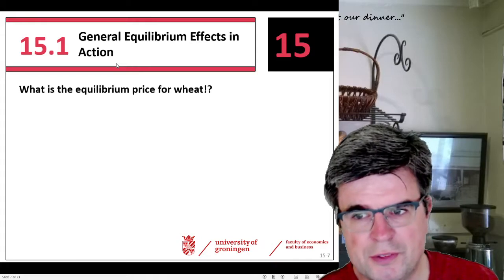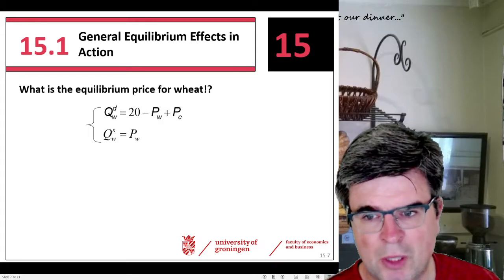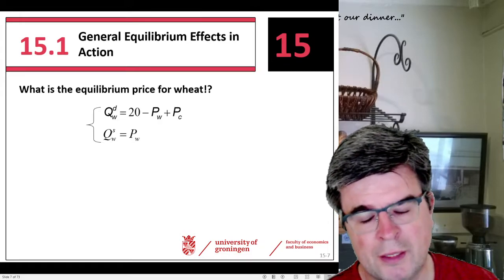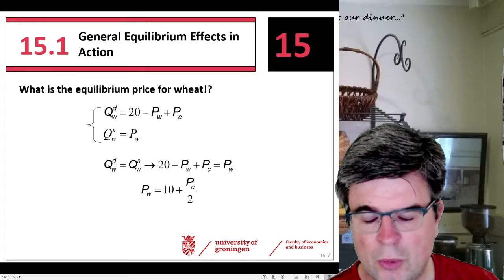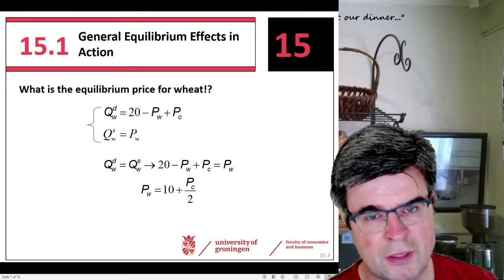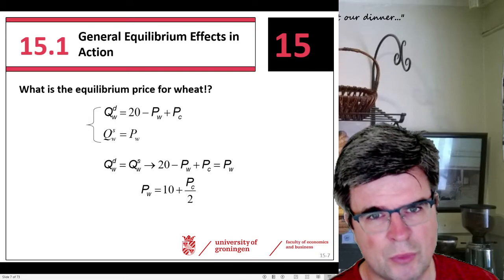So let's do this. What is the equilibrium price for wheat? So we have this demand function for wheat and the supply function, and in equilibrium, supply needs to equal demand, just like before. So when we equate the two and we solve, then we get an expression that still contains one or two unknowns.